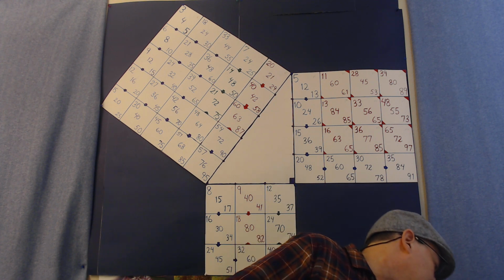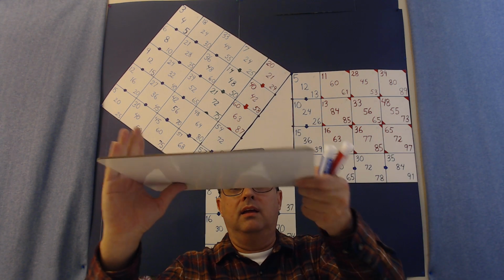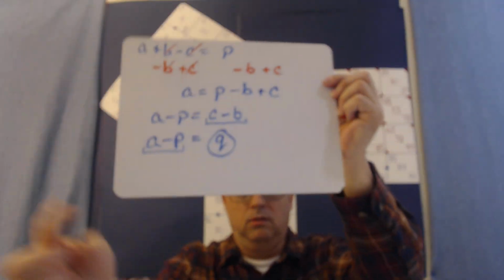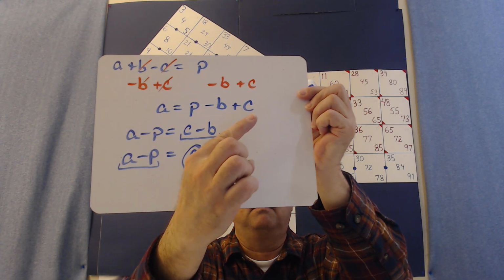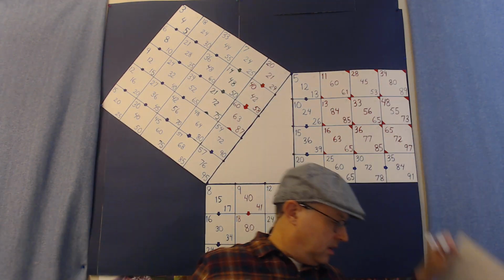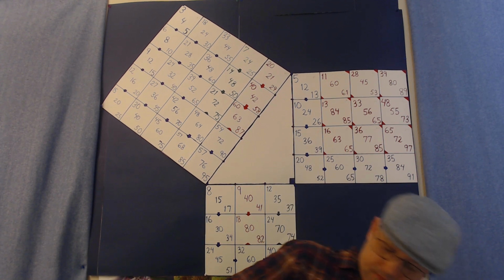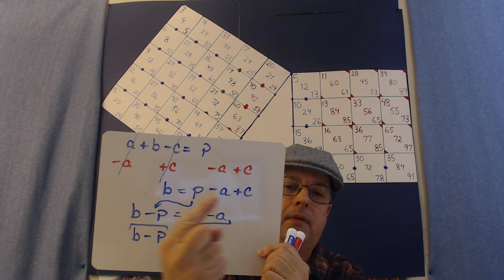Where's our A value? Oh yeah, A is P minus B plus C. And then B is P minus A plus C.